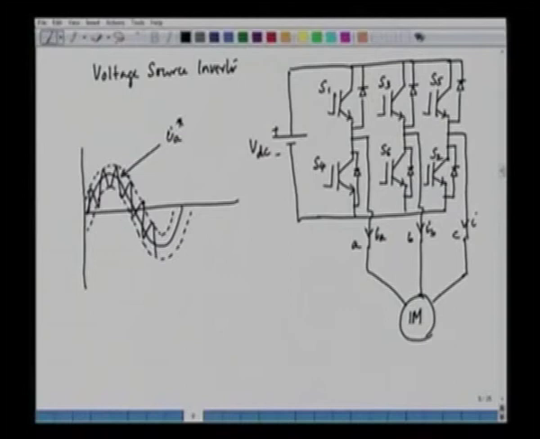So this is how the actual current will look like. This is IA. We have a reference current that is IA star.